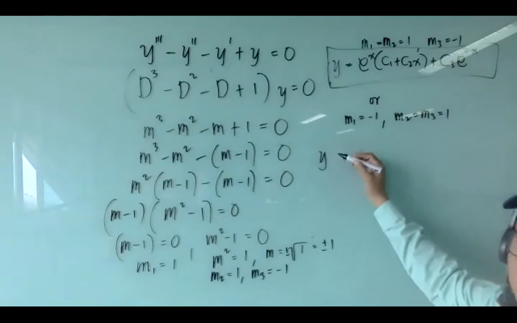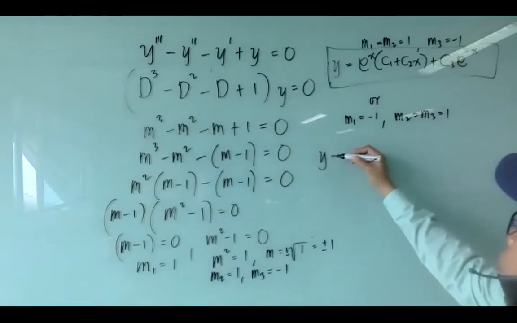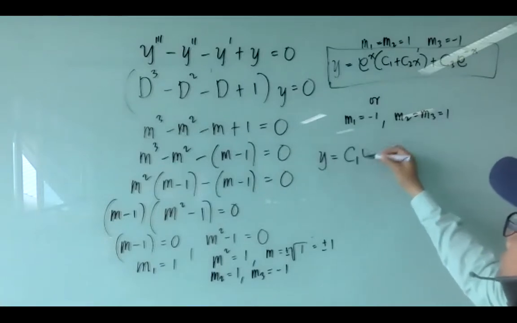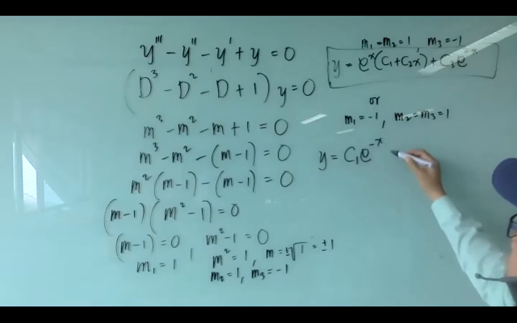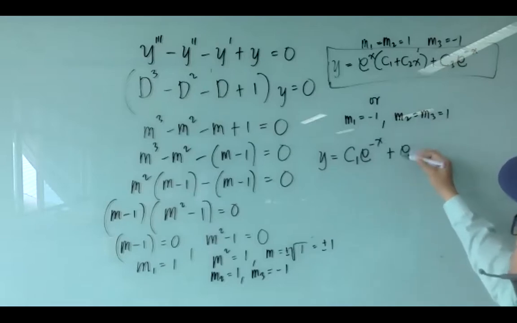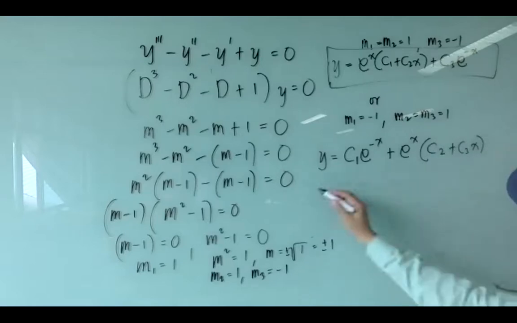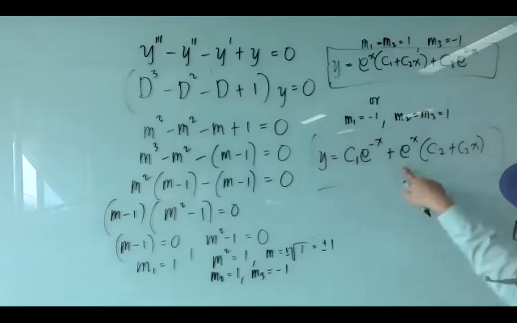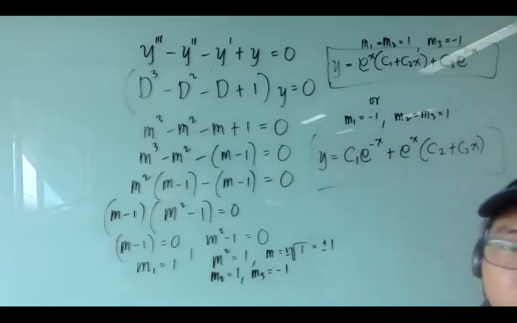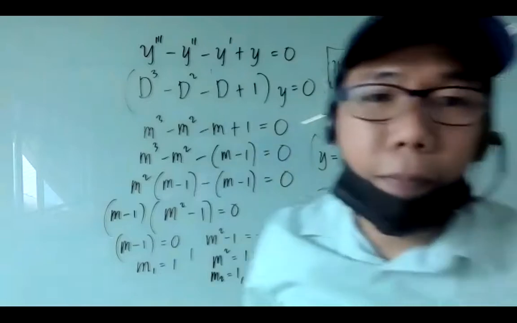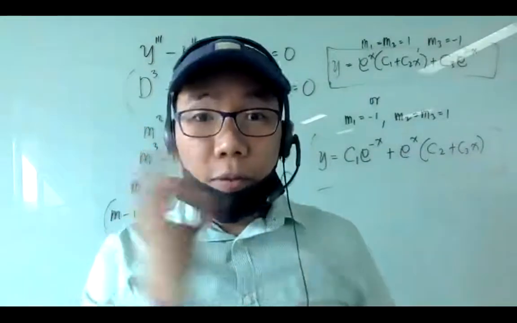So your y is equal to c sub 1 e raised to negative x plus e raised to x times c sub 2 plus c sub 3 x. Naka-factored form tong ano natin. Pwede mong distribute naman yan. Okay?